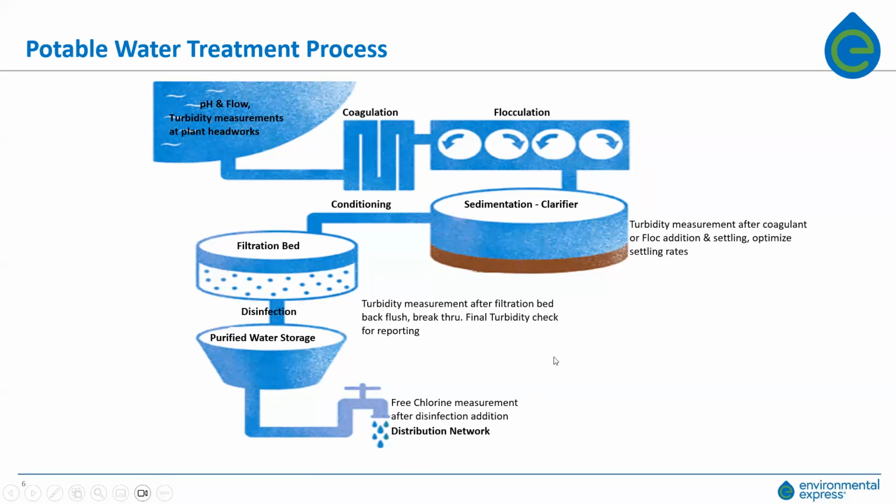So a couple things here are key, that the measurement of turbidity prior to the clarifier and then after the clarifier and filter bed process allows the operator a chance to determine settling rates and understand how well both of those pieces of equipment are functioning.